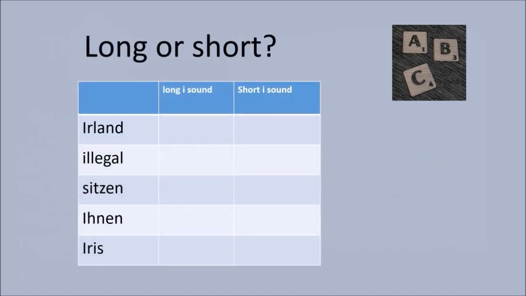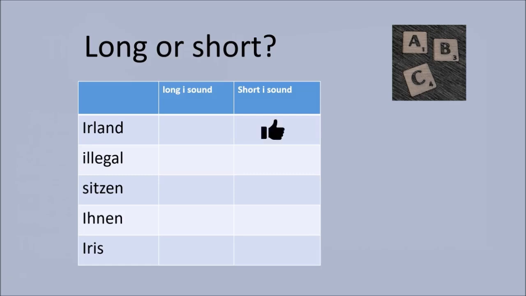Your turn again. Long or short? What do you think? And again, I will reveal the answer.